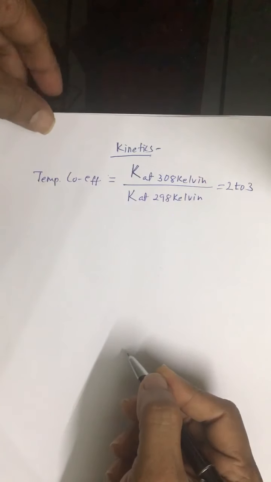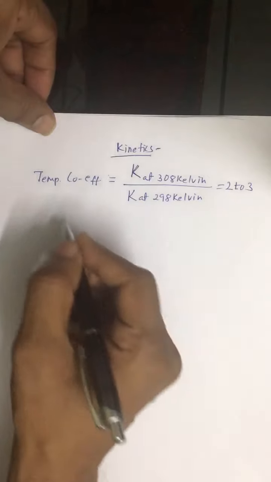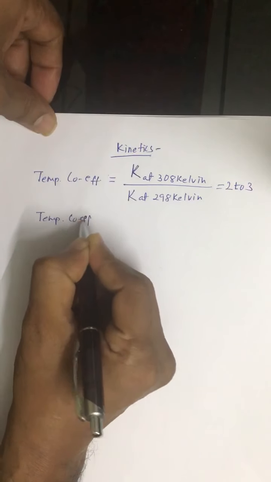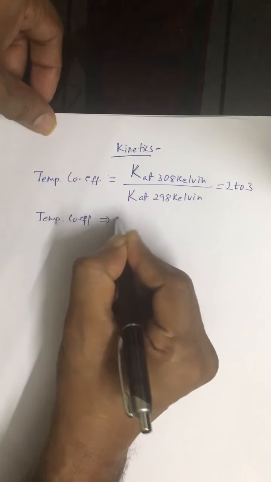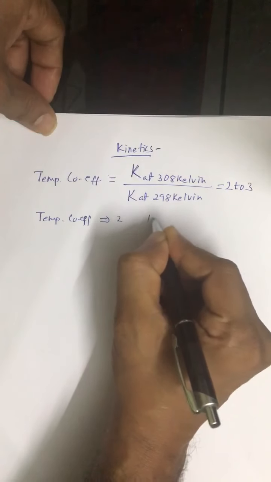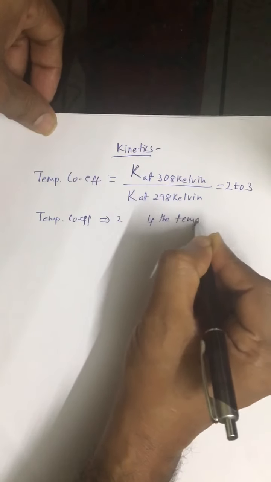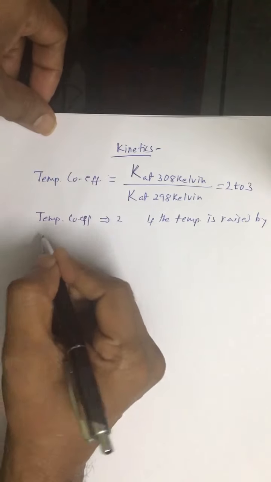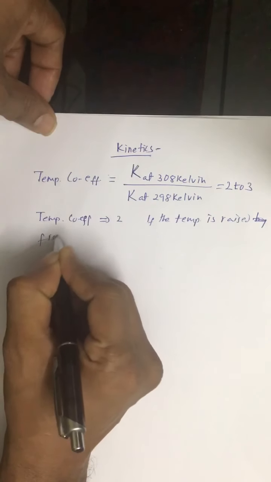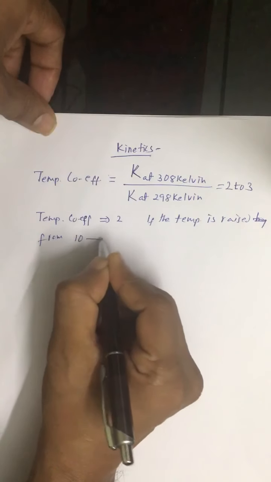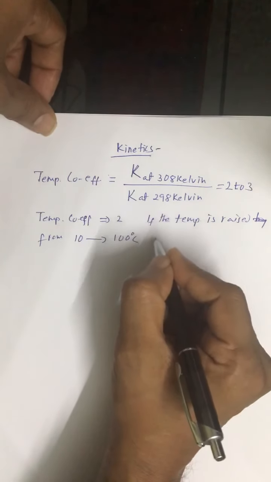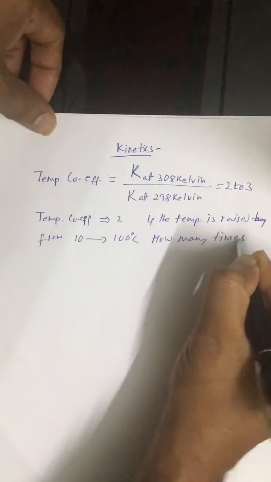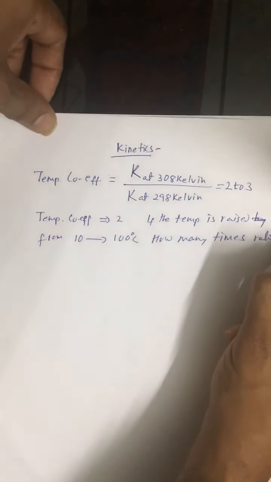All right. So normally there is a question that the temperature coefficient of a reaction is 2, and if the temperature is raised from 10 to 100 degrees Celsius, how many times the rate of reaction is increased?